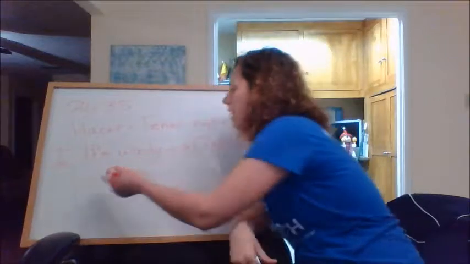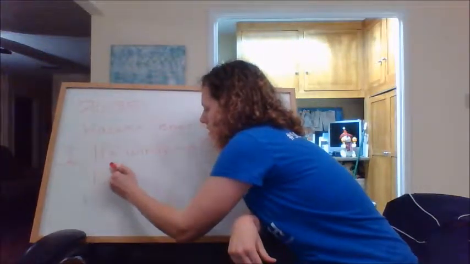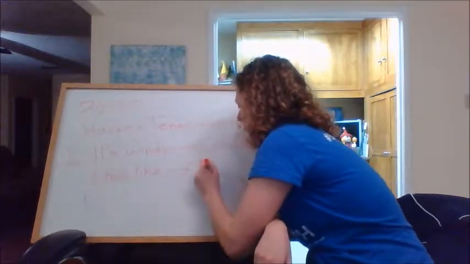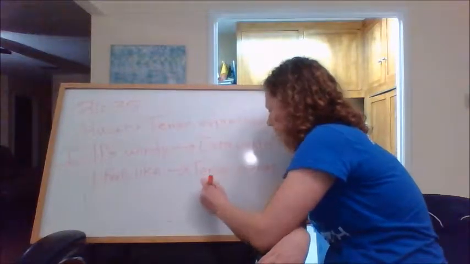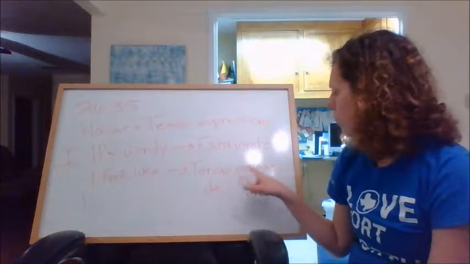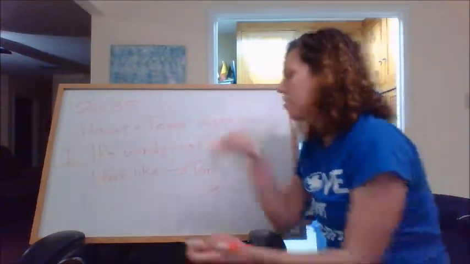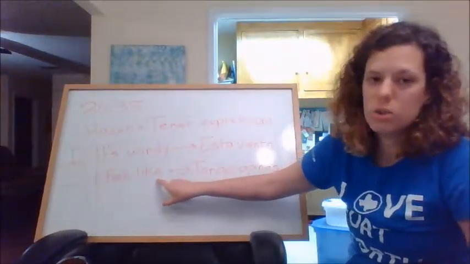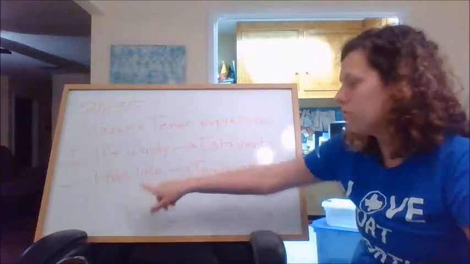You might have something like, I feel like tengo ganas de. So this is a tener expression, and this is correct because we say I feel like and then doing something, and tengo ganas de plus infinitive means to feel like.